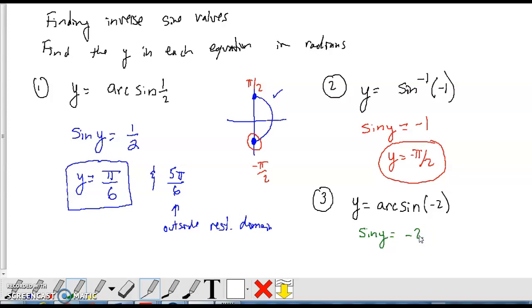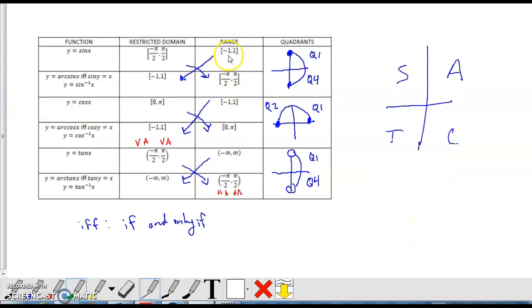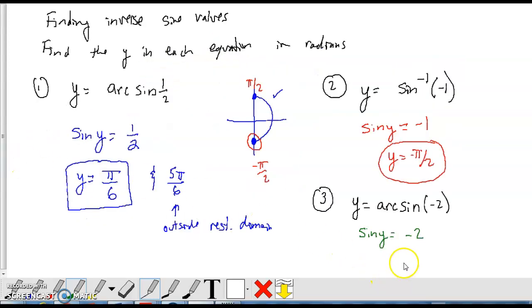Now, -2 is outside of our original range. And again, it's not in our domain when I flip it around. So that means that this is undefined. So it doesn't exist. There is no answer that you can plug in that will give you a -2 as an output.